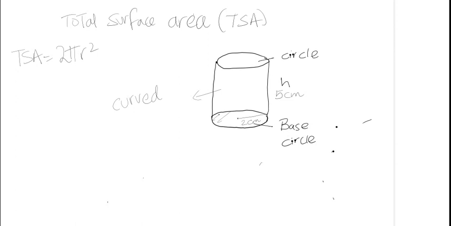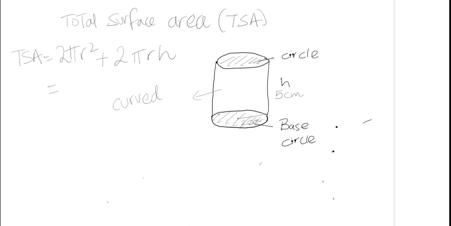So when I'm doing pi r squared times 2, I'm able to find the area of these two parts. And then plus the middle part, which is the curved surface area. And the curved surface area is 2 pi r h.